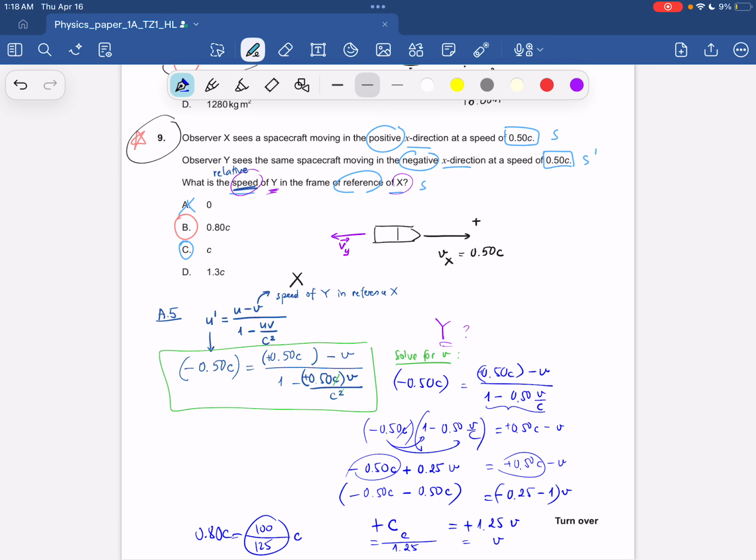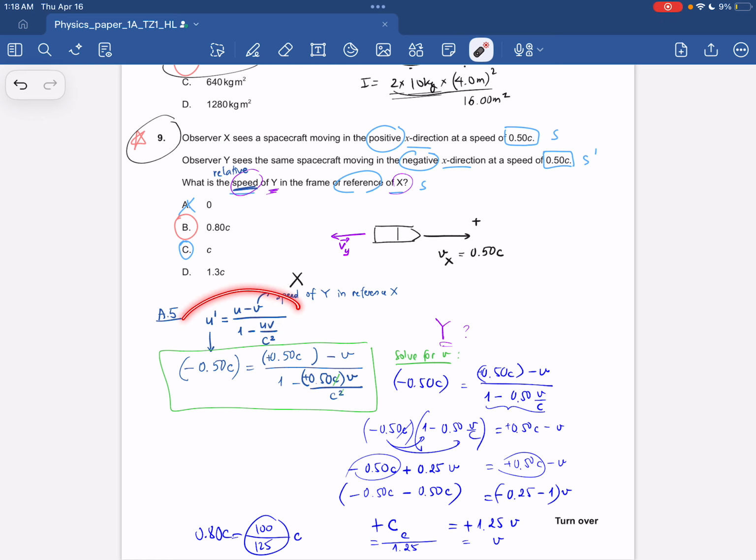Just pay attention: whenever you see that the speed is pretty huge compared to the speed of light, think of special relativity. In special relativity, the v actually matters, so we need to use this equation. I think at first you chose the one like u prime equals u minus v, but that only works if you don't have this term matter.